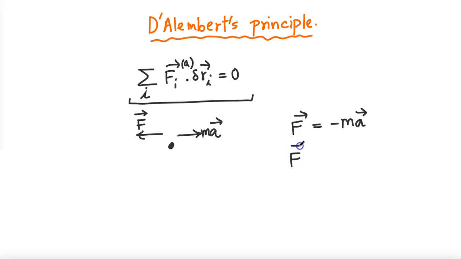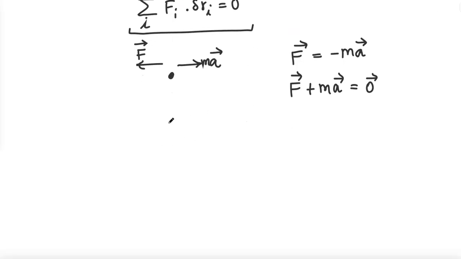And if I take the summation of F bar plus m a bar, then obviously it is going to be 0, because both of them have the same magnitude and opposite direction. That means suppose you have a system of n particles and I take the ith particle.